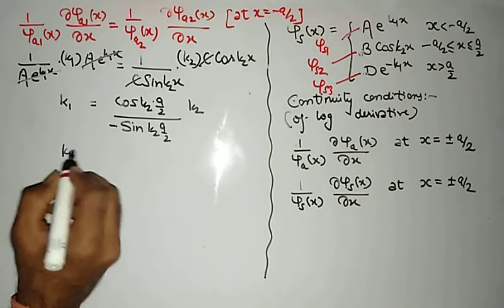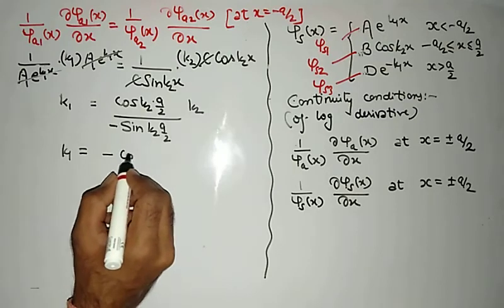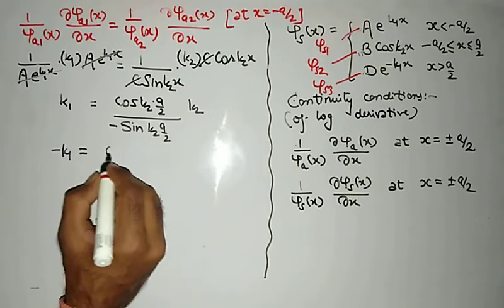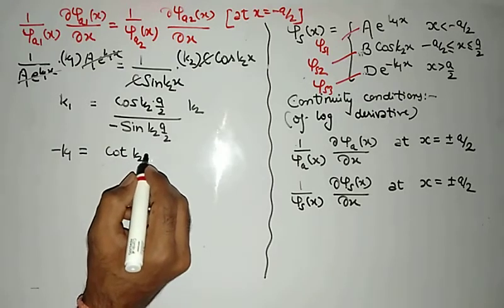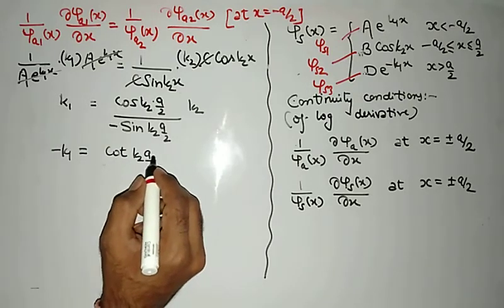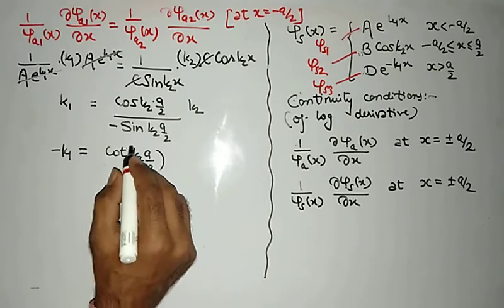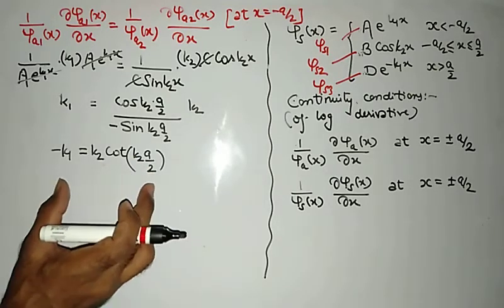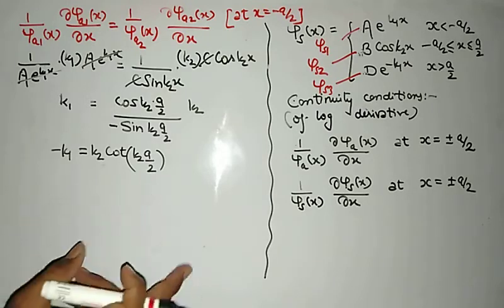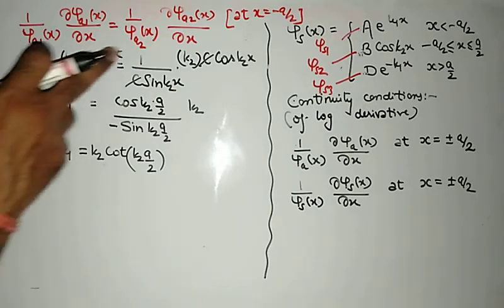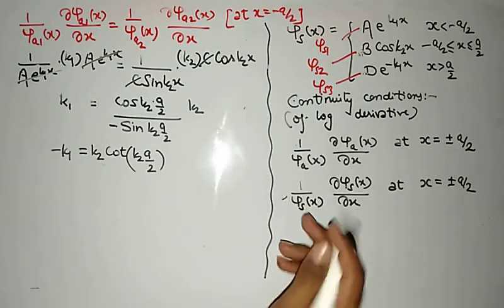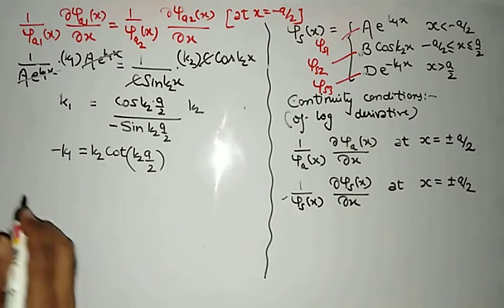So k1, shift minus here, is equal to minus cot k2 a by 2 with multiplication of k2. And when you will try for psi a2 and psi a3, same you will get. Now we will use for symmetric condition.